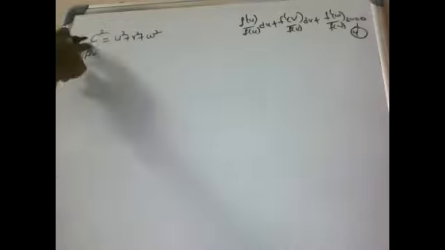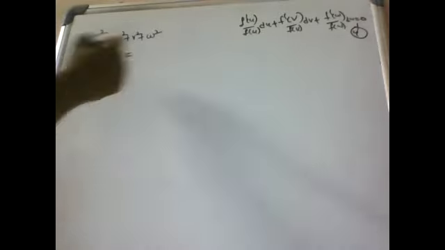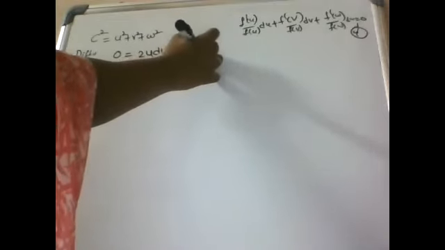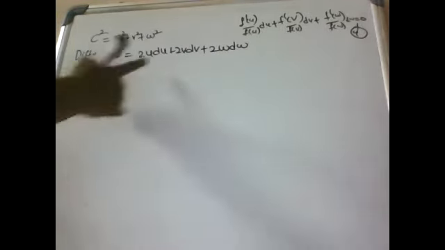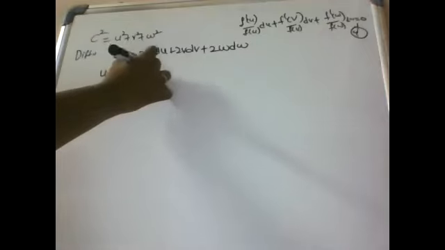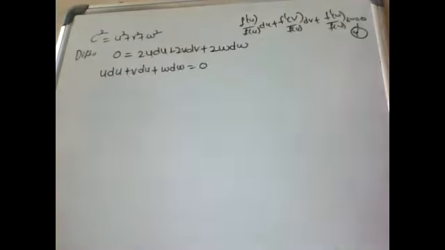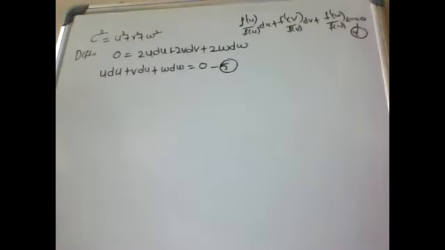Since c is a constant, we get 2u du plus 2v dv plus 2w dw equal to 0. From this, 2 is common, so we get u du plus v dv plus w dw equal to 0. This is the fifth equation.